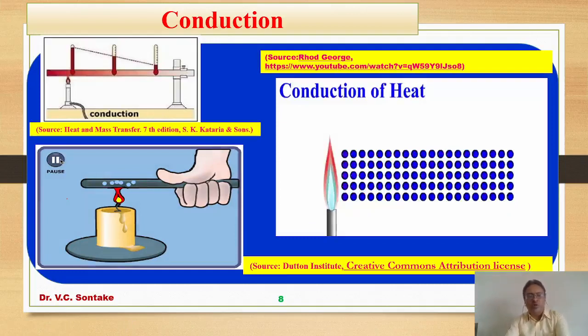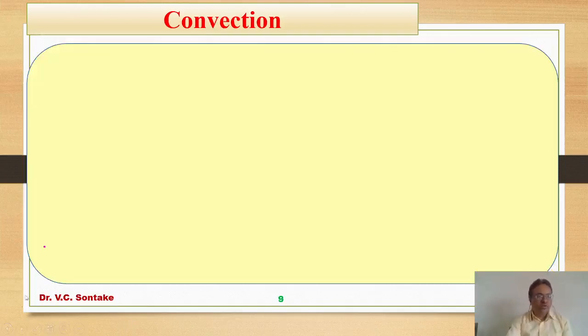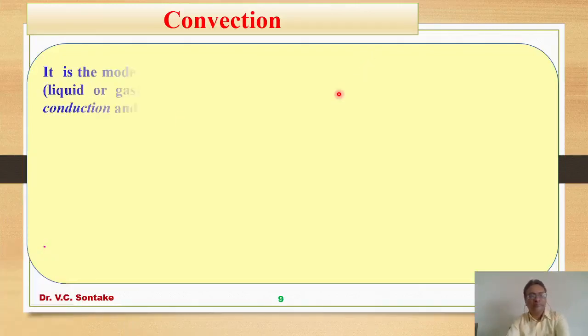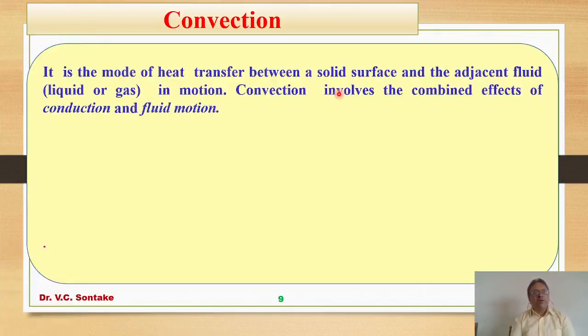Okay, let us move on to the next mode of heat transfer, that is convection. Now, convection is that mode of heat transfer by which heat transfer takes place between a solid surface and adjacent fluid. That fluid can be liquid or gas. And what is the important point?